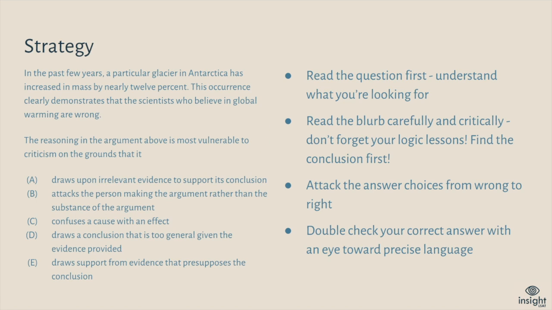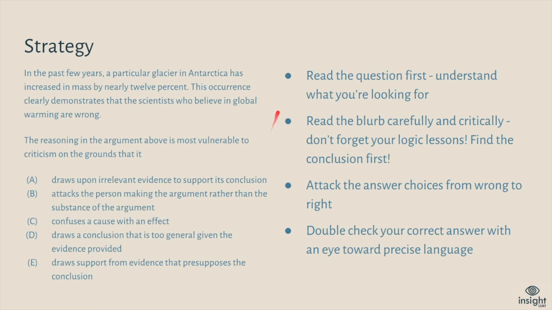So take a look at this one here. The reasoning in the argument above is vulnerable to criticism on the grounds that it... So we know from reading this little question stem here that we are looking for a problem with the blurb, some error in reasoning, some flaw in the reasoning.